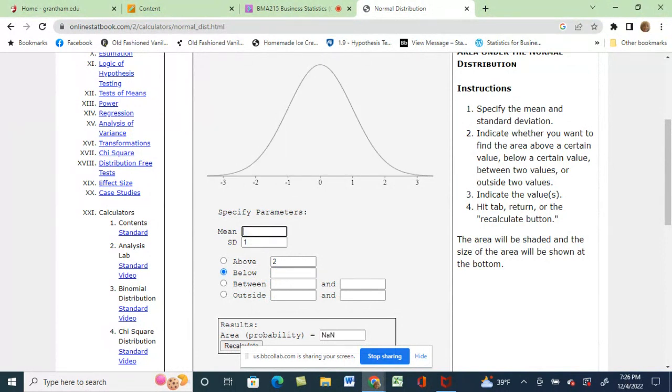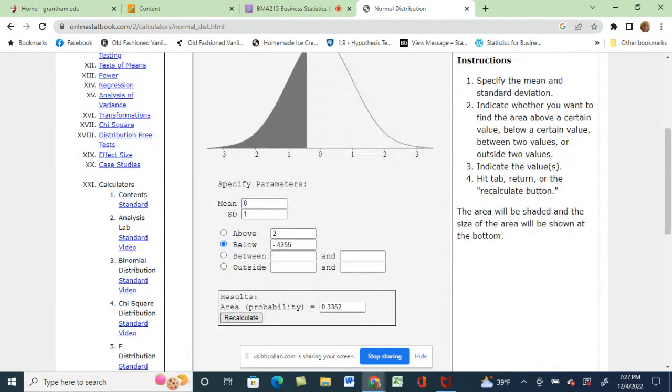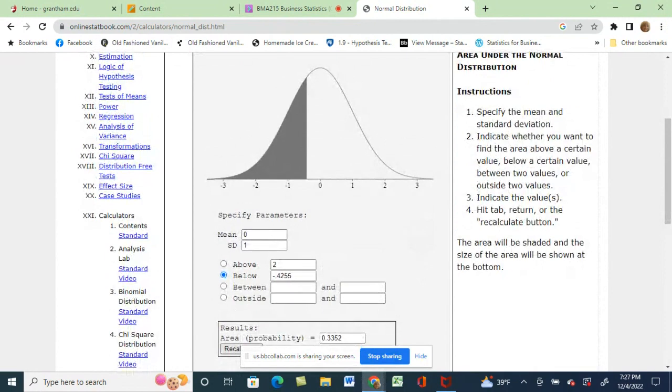Notice the graph: if the mean's 1,000, the z-score is negative because it's to the left. And that's what we got. We should have that same picture if we change it to the z-score. So watch, it's going to be the same. Negative 0.4255. Same answer.